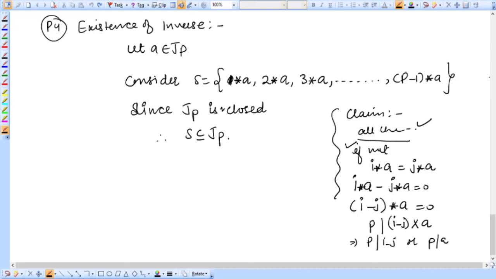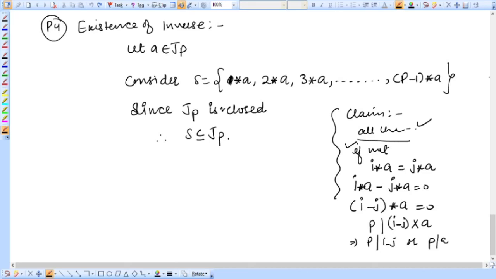So therefore we can say neither can P divide A. It is not possible because A is less than P and greater than or equal to 1. Also, I minus J must be greater than or equal to 1 and less than P, because I and J are elements of JP.